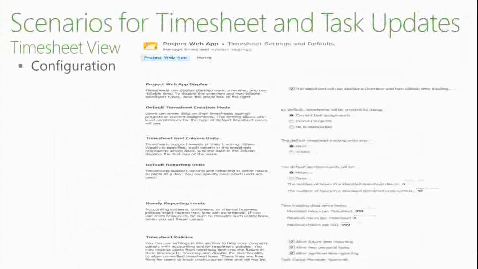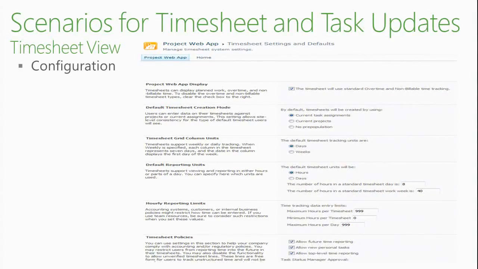So how do you configure the timesheet view? This one, as you can see, has a lot more options. I'm not going to go over all of that, but you have all kinds of options to specify how you want the grid to look, what you want the users to enter, to look at the value, what some maximum number of hours per timesheet you could have, and so forth.